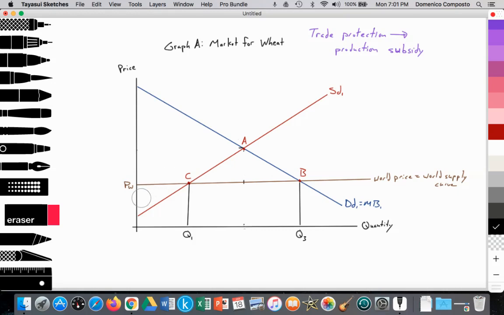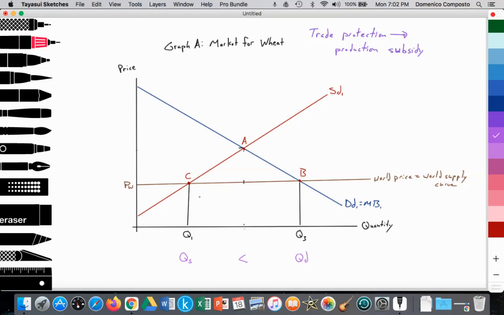When they accept the world price at PW, the quantity demanded at Q3 is greater than the quantity being supplied. Thus, this nation will import. Imports will run from Q3 minus Q1, everything between this area. These will be imports of wheat coming into the nation.